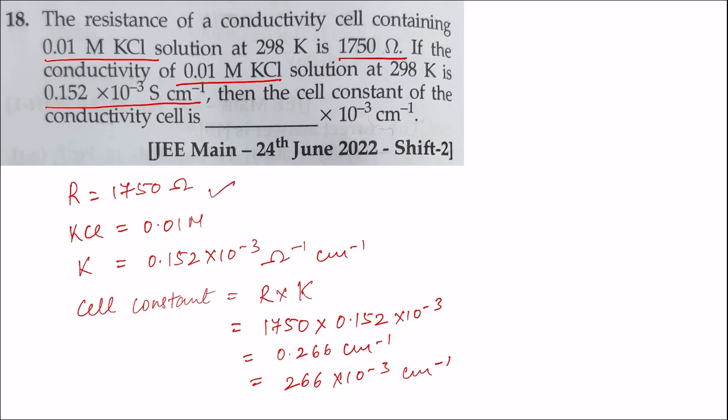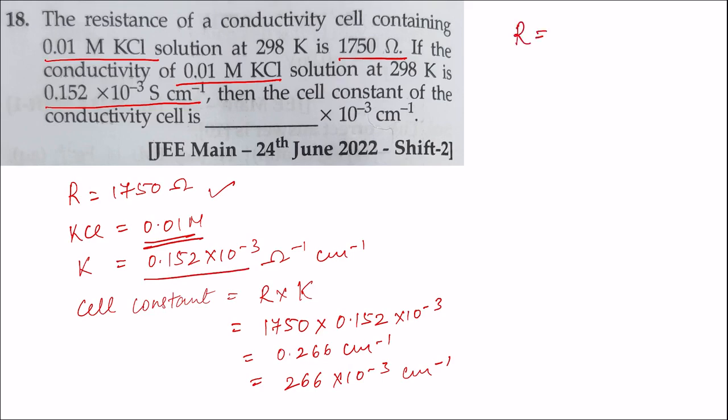Resistance is given, molarity of the KCl solution is given as 0.01 M. Now for the same KCl solution having molarity 0.01 M, the conductivity is 0.152 into 10 to the power minus 3 per ohm per centimeter.